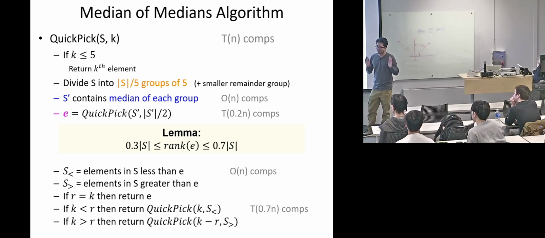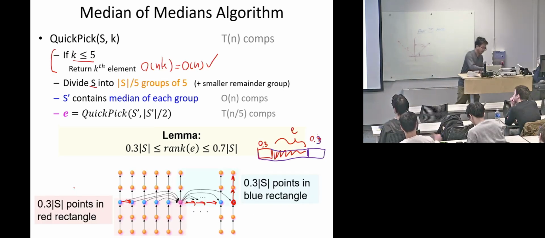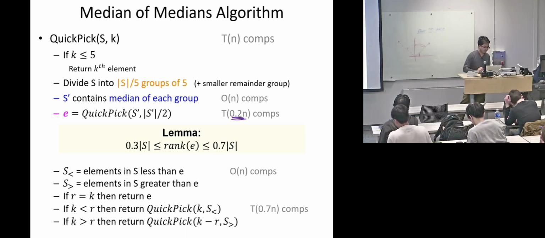What we need to do now is just analyze the time. So what's the total time? We spend n comparisons here, and here we recurse on a problem of size 0.2 fraction, because it's like a 1/5 fraction of this set.